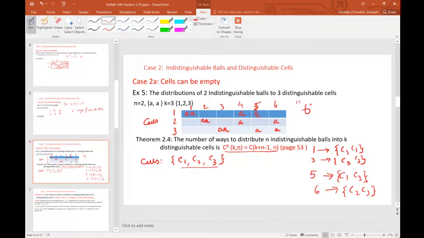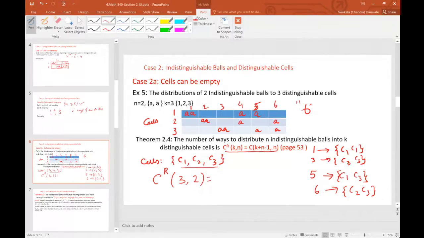That means each distribution is selecting 2 things out of these 3 things, in which repetition is allowed, and I don't care about the order. If you have seen the previous video, that is nothing but a repeated combination. There is a set of 3, that is C1, C2, C3, and you are picking 2 things out of 3 things. That is C power R 3 comma 2.